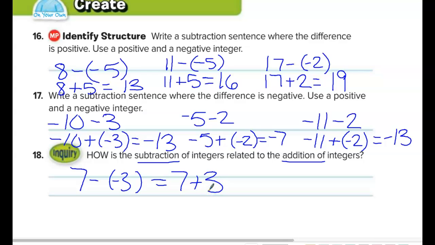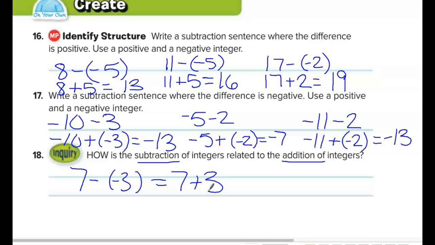Do we agree with Bryce that that's the same? Okay. So how can I write in words so that it applies to every situation? Olivia? Subtracting a negative or positive is like adding the opposite of the second number.